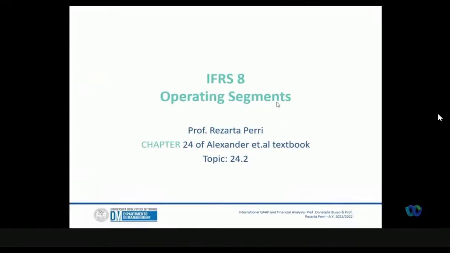Something that I need to mention at this moment is that both topics that we are going to cover in this part of the lecture, operating segments and interim reporting, are going to be covered only theoretically in the exam. So there is no exercise or problem requiring you to solve anything related to these topics.